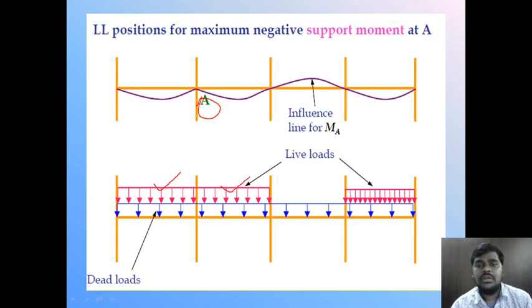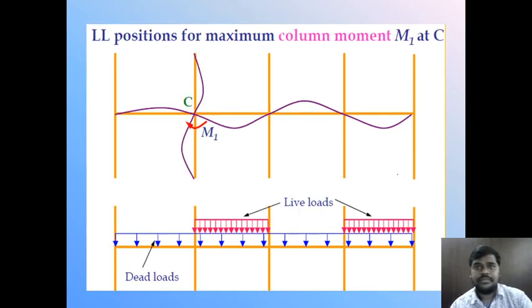We have to choose the position in such a way that we get the required answer. And for column moment at C, this must be maximum, suppose. So we have to mark the positions of live loads as 1 and also 2.